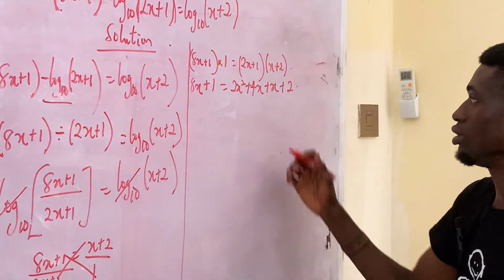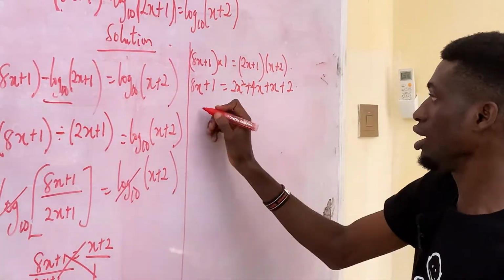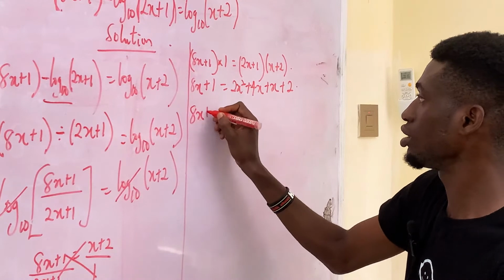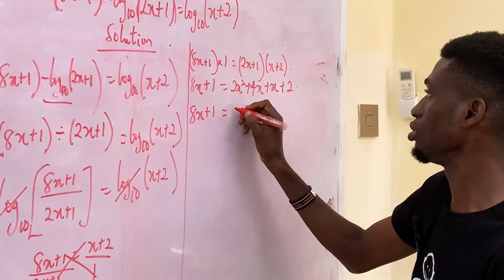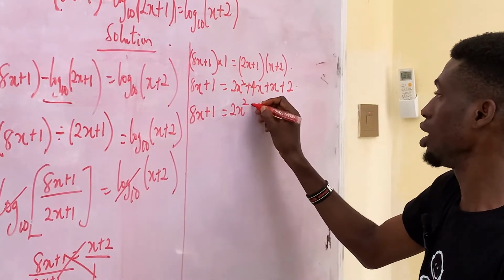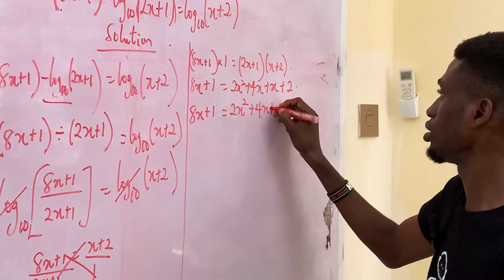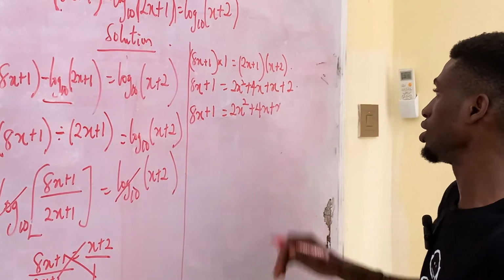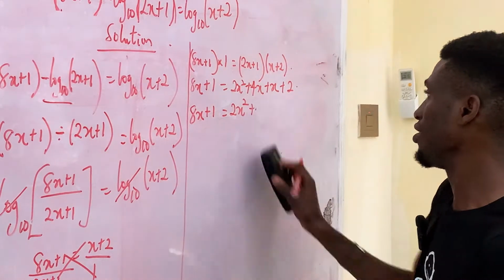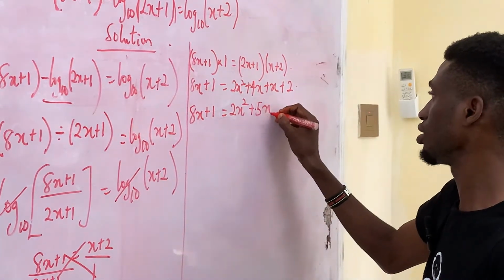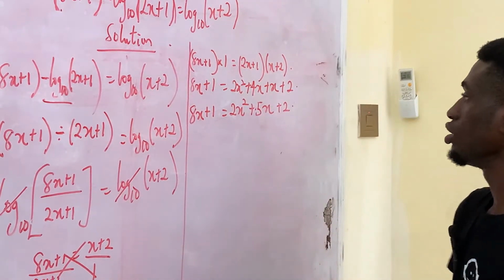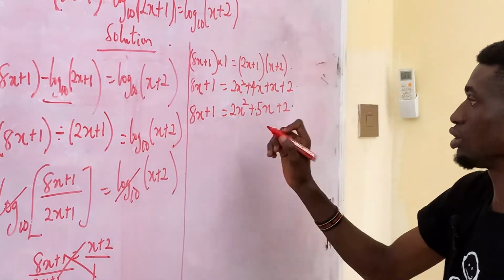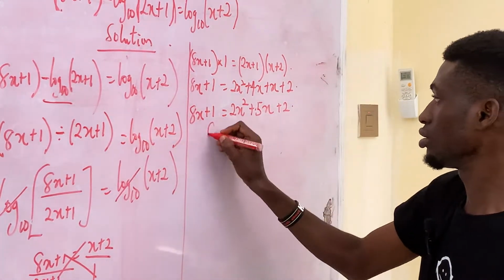So from here, let's simplify our expression. Here I have 8x plus 1 equals 2x squared plus 4x plus x, which will give us 5x, so we have 5x plus 2. So what next? We have to collect like terms.